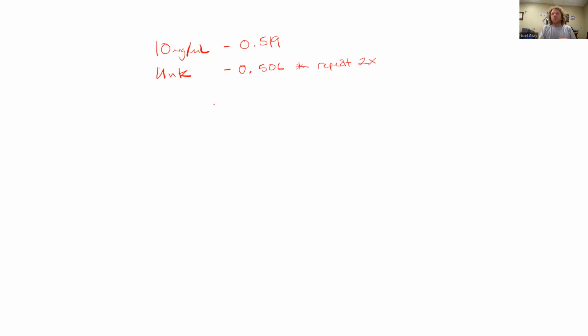So any sort of pipetting error, any sort of measurement error, any user error that you're introducing, by coming up with a total of 3 data points, whatever difference there is going to be kind of mitigated or lost by having those 3 different trials.